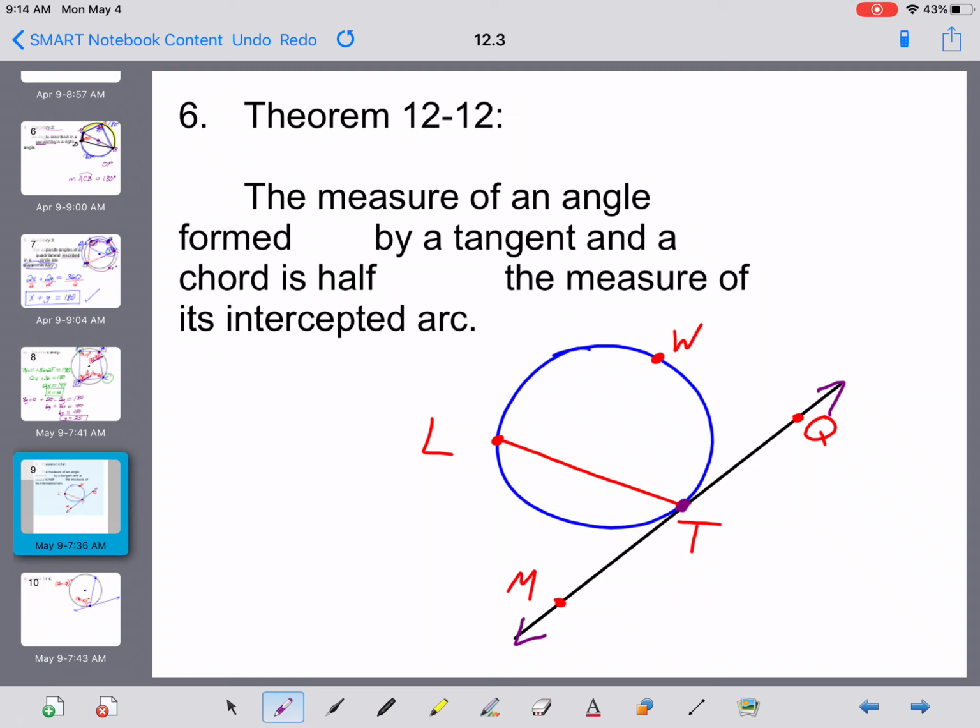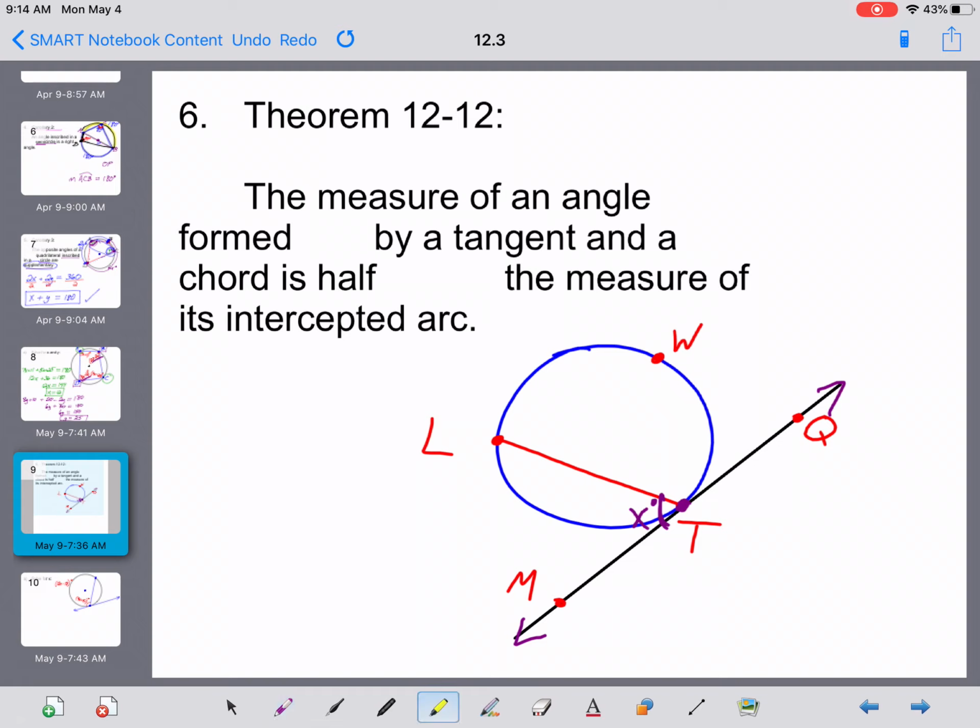And this theorem says that the measure of the angle formed by the tangent and the chord. So our tangent line is out here on the bottom, the chord is LT, so we have an angle formed right here, and we're going to call that angle x degrees. So the measure of that angle is half the measure of its intercepted arc.